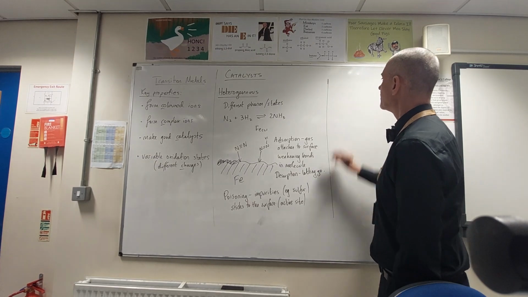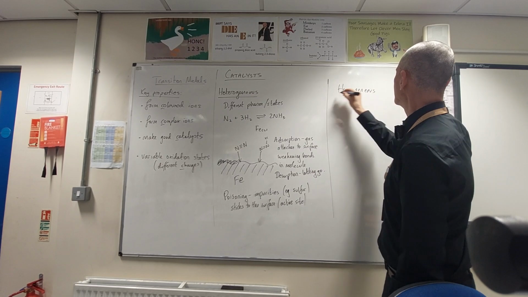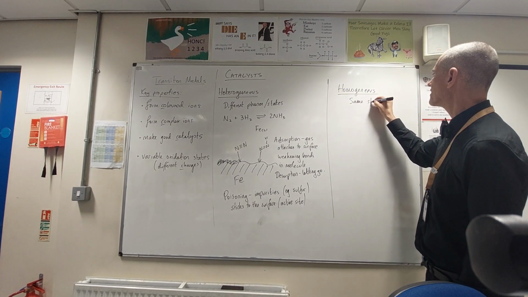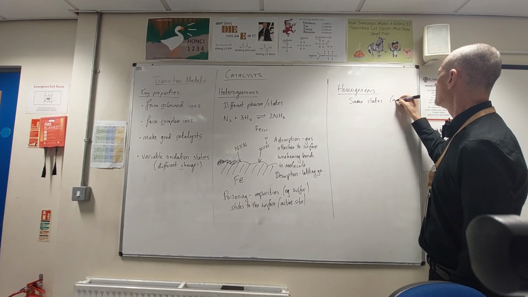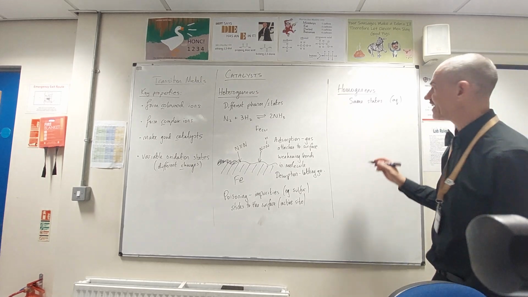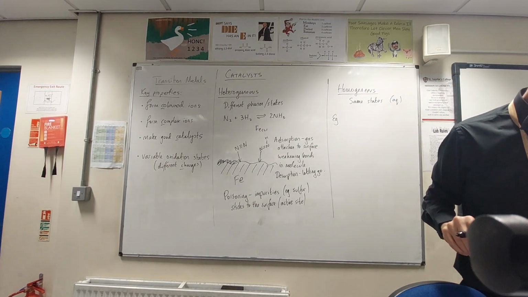Okay, and then homogeneous. I don't really have time to go into this, but homogeneous catalysis is when they're in the same state, usually aqueous. So if we're trying to get two ions to stick together, well, I don't know how often this actually happens in industry.